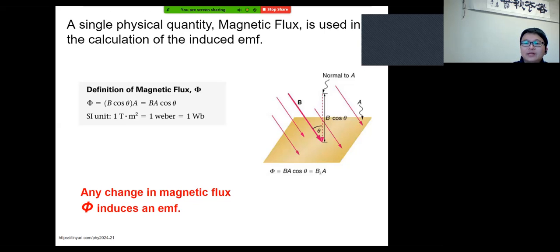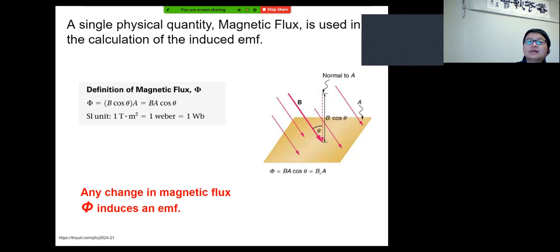If you have a rectangle or square coil or loop, then that refers to the area of that rectangle or square. The theta is the angle between the normal direction of the loop and the direction of the B field, the magnetic field. Okay, so this is called magnetic flux, right?